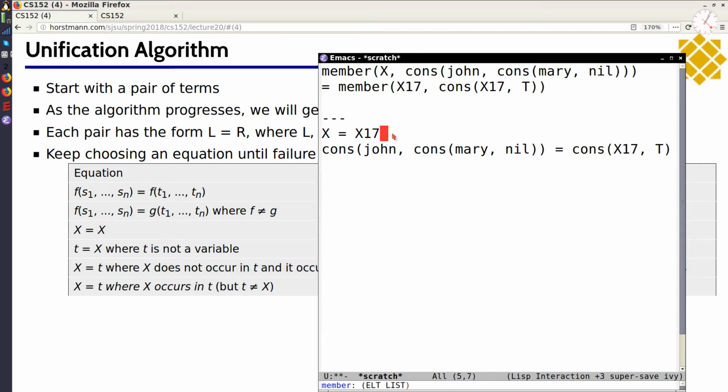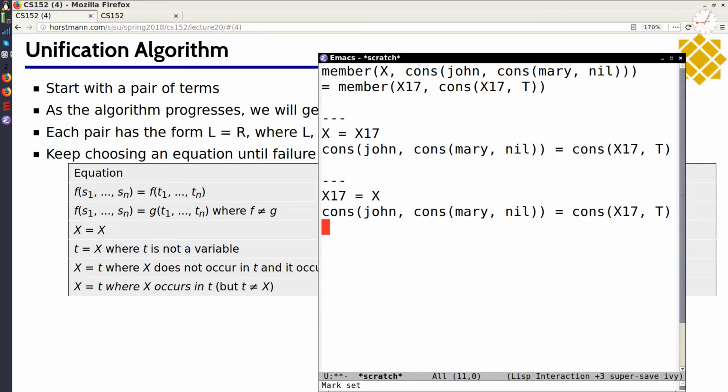What I'm actually going to do is, because I want to go at it the other way around, turn it around and say x17 equals x, because then the x17 does occur elsewhere. Then I copy the other one. Now I can do the substitution, and substitute it back in here. So I put just an x in, and I'm rid of one of them.